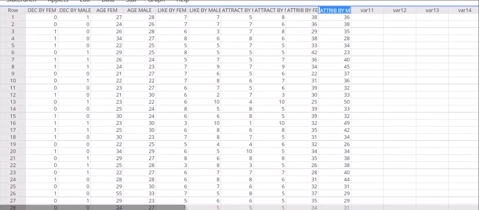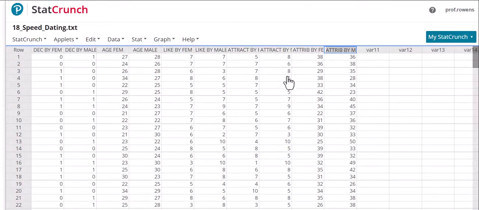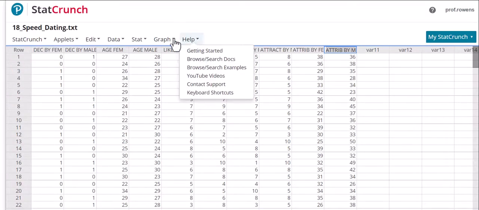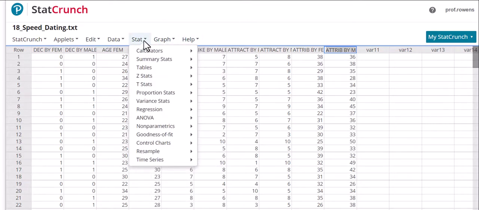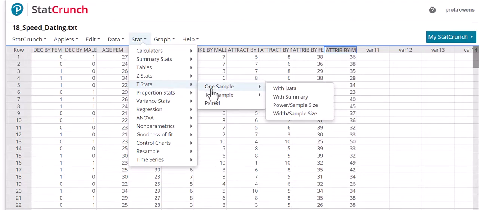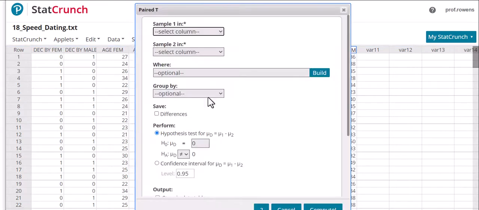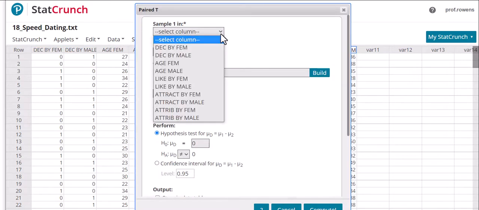Then we're going to go to Stat, T Stats. Now notice that we can actually go directly to paired data. So go paired and select your first sample.